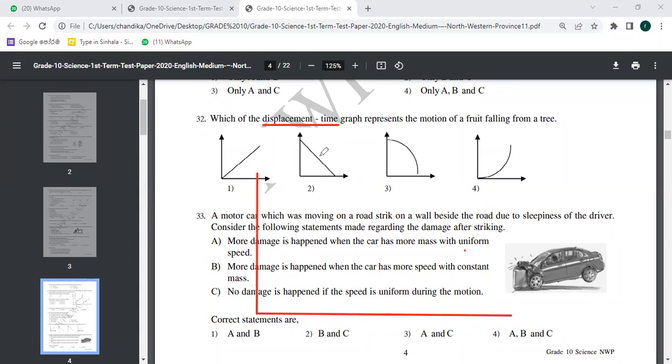Normally, in a displacement time graph, gradient gives the velocity. Gradient means the angle. In the displacement time graph, gradient gives the velocity. This is the gradient at this point.